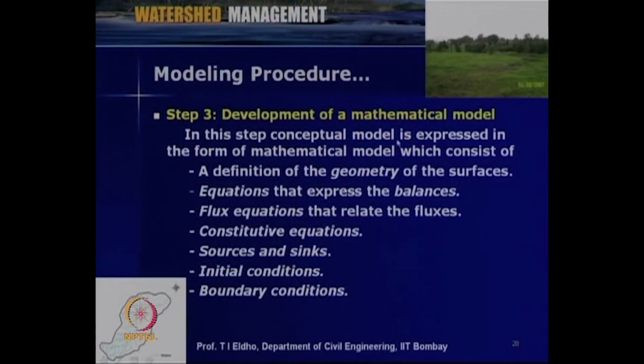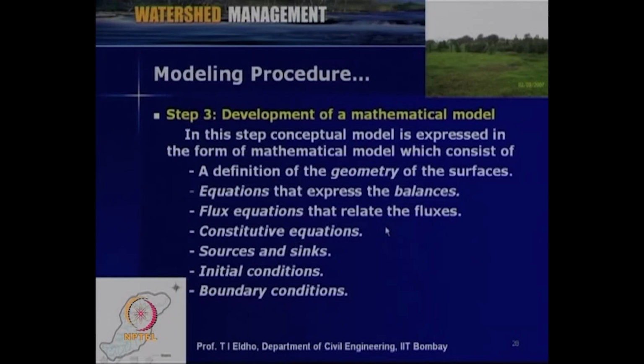In this step, the conceptual model is expressed in the form of a mathematical model, which consists of a definition of the geometry of the surface or surfaces, equations that express the balances like conservation of mass, conservation of momentum, conservation of energy, flux equations that relate the fluxes, constitutive equations, sources and sinks, initial conditions, and boundary conditions.